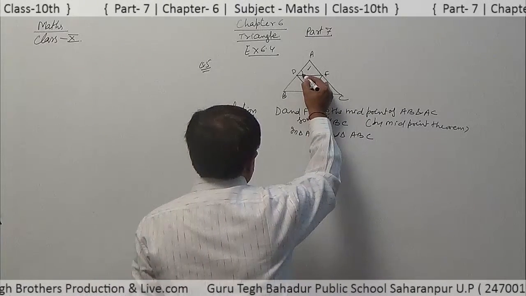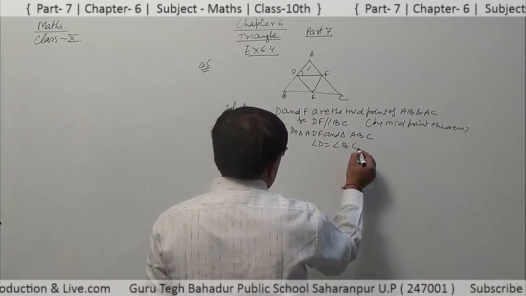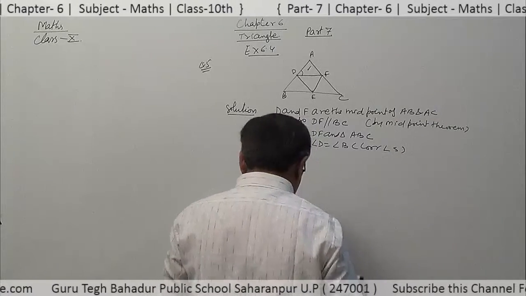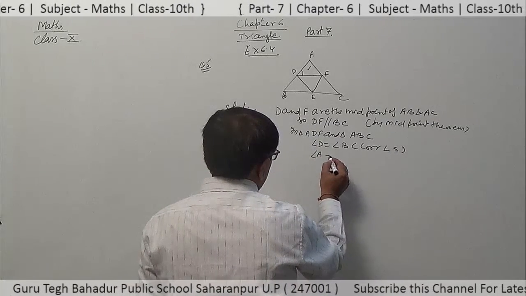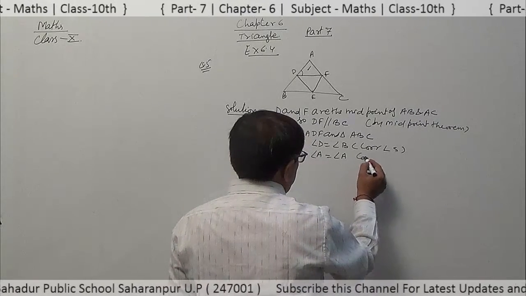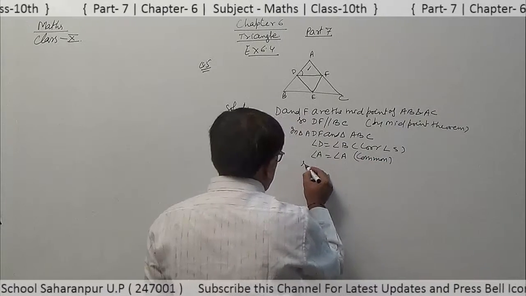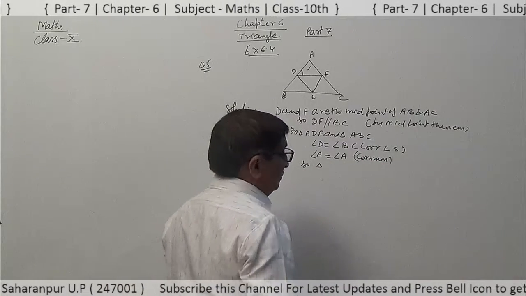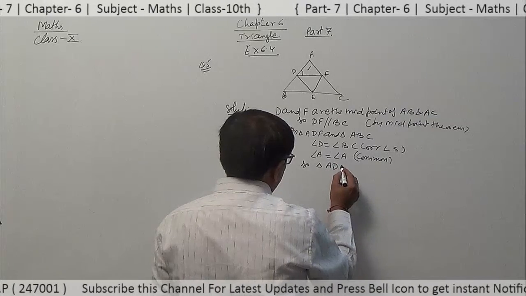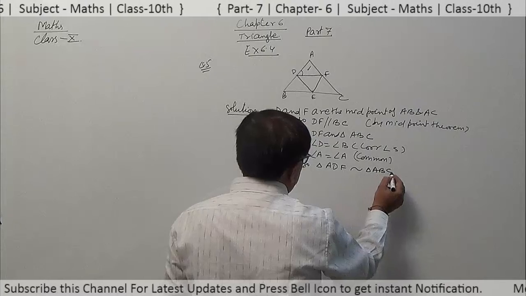angle D is equal to angle B because of corresponding angles. Angle A is equal to angle A, common angle. So triangle ADF is similar to triangle ABC.